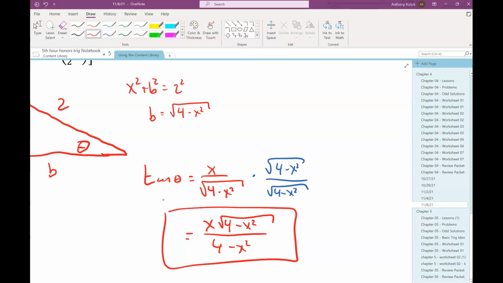Yes, sir. So for that one, I kind of did it differently. Would that work? Because I got 1 minus a half x squared. Yeah, if you rationalize that, it's probably the same thing. Okay, gotcha.